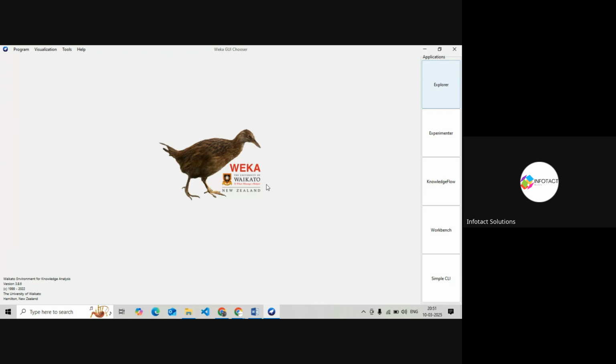Then, you can work on this Weka tool with dataset formats like the most common format. What is that?